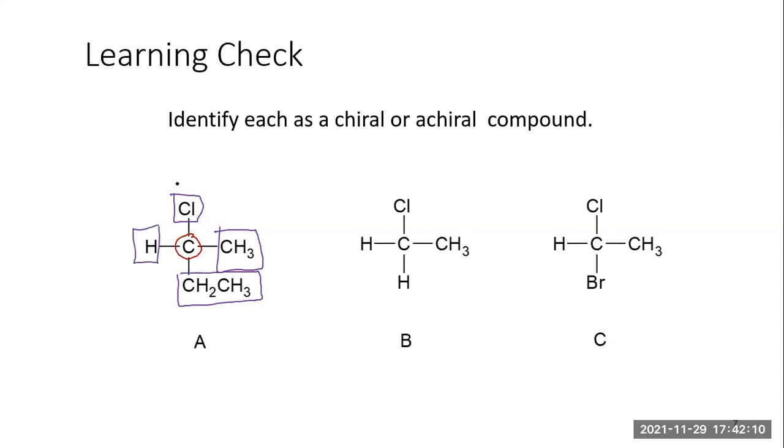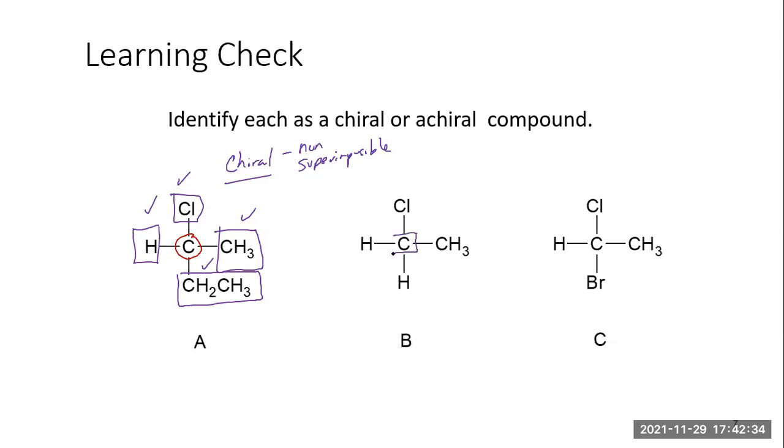So that is 1, 2, 3, 4 different groups attached. That means this molecule should be chiral. That also means it would be non-superimposable on its mirror image. Any questions on that?